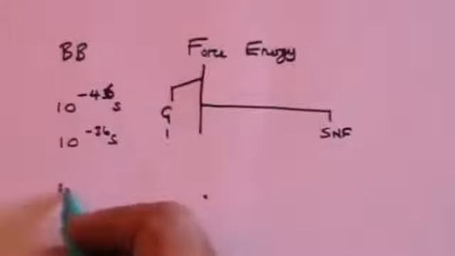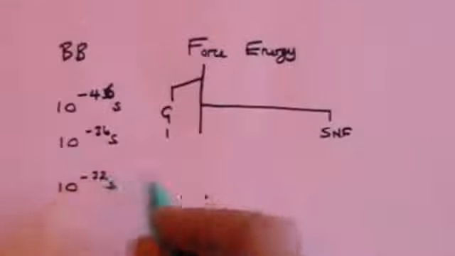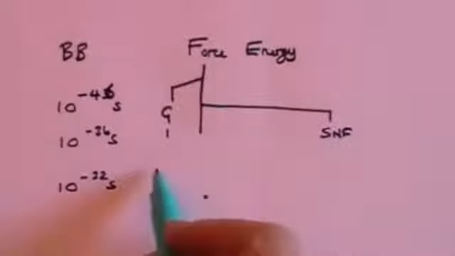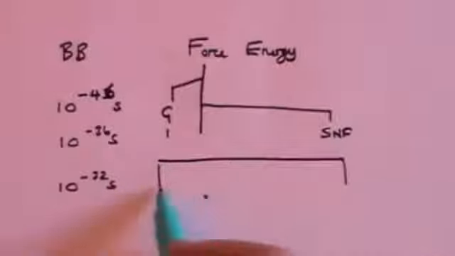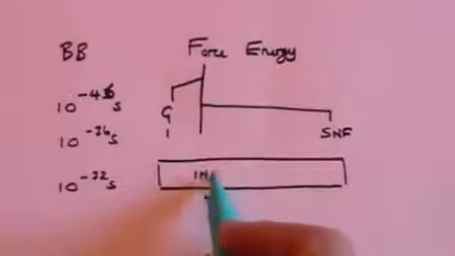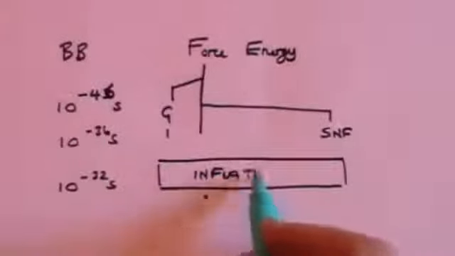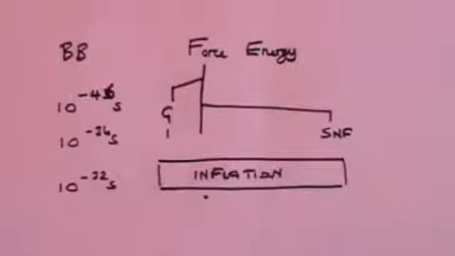And then between 10 to the minus 36 seconds and 10 to the minus 32 seconds, you get what's called a period of massive inflation. No one's quite sure why, or indeed even if it happened, but generally that's the thinking, that the universe suddenly expanded dramatically.